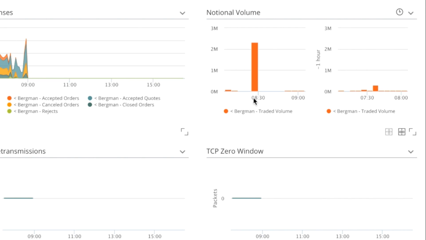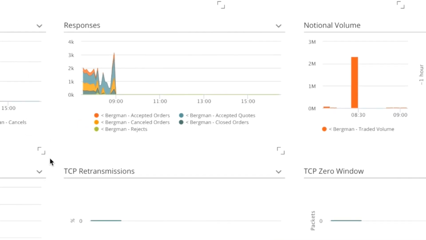And if I do that, we can see here's that spike that occurred around about 8:30 this morning. But then prior to that, the previous hour, very little trading activity. So again, this activity here stands out as where most of their trades occurred today.